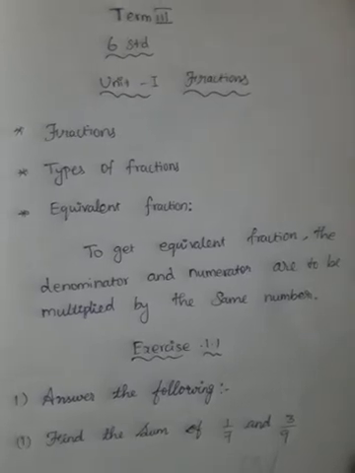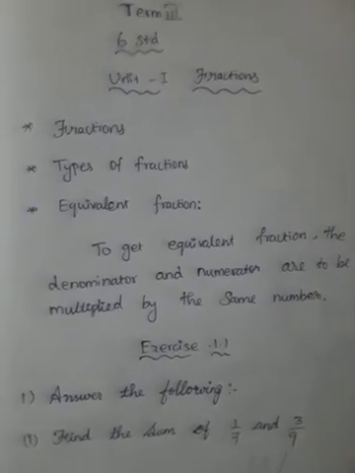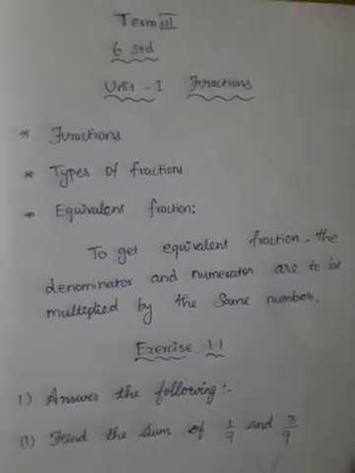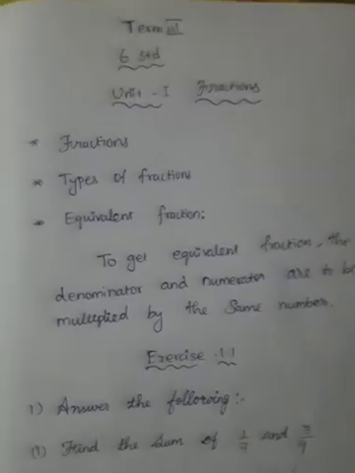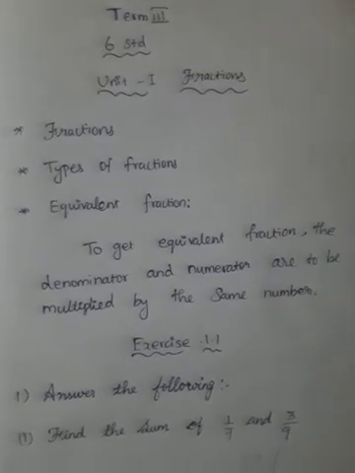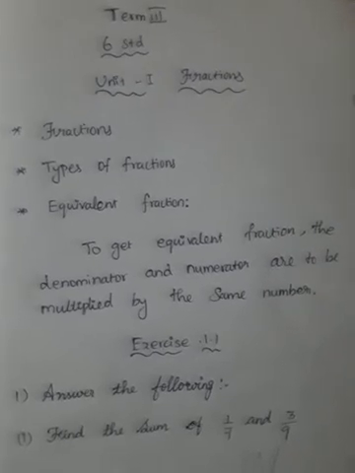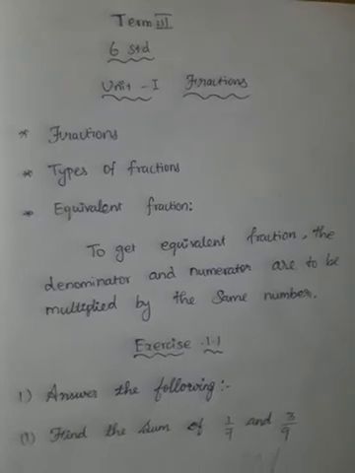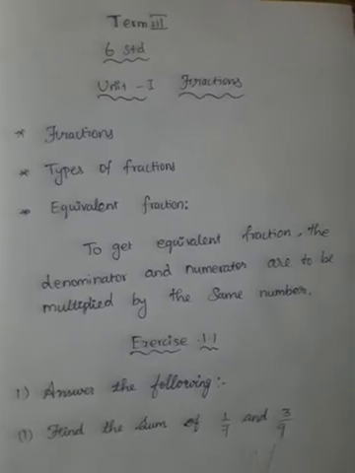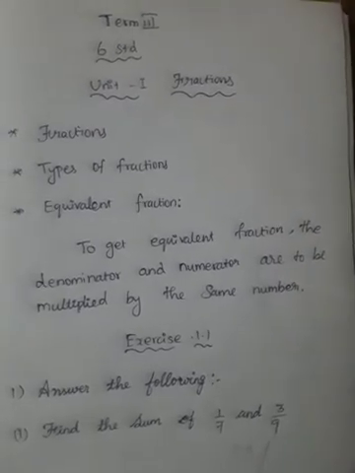So what do you mean by equivalent fraction? If both fractions are equal, we call it an equivalent fraction. If any fraction is given and you need to find the equivalent fraction, this is the method you should use: to get an equivalent fraction, the numerator and denominator are to be multiplied by the same number. For example, 1 by 2.